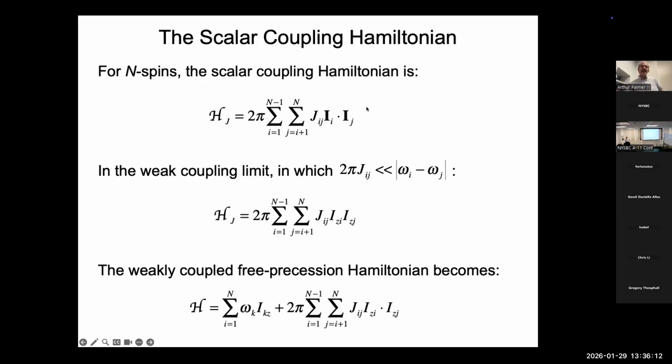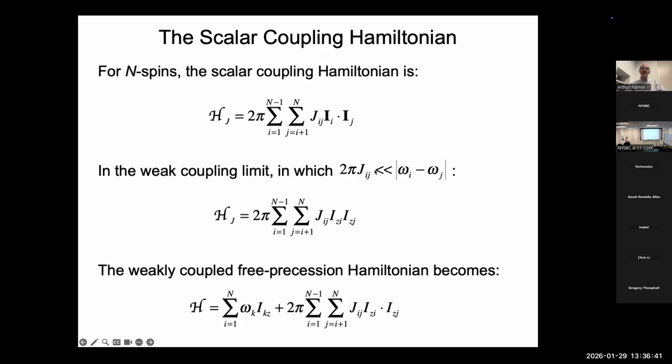If we work on a big enough magnet, then this simplifies because we only need the part that commutes with the static magnetic field, which means only parts that are Z operators can survive what's called truncation. And Ann will probably talk more about truncation at some point, because it's very important in solid state NMR.